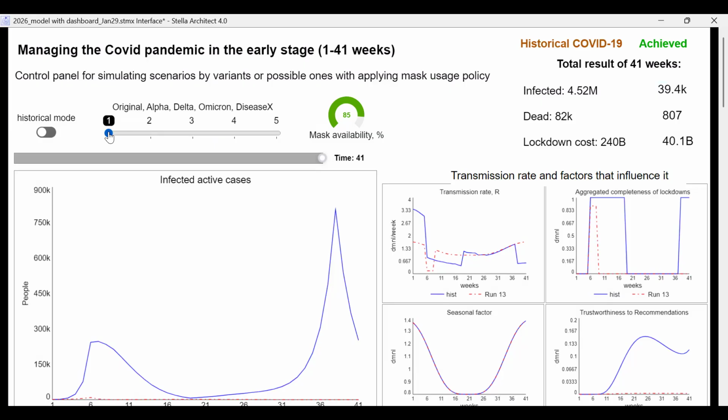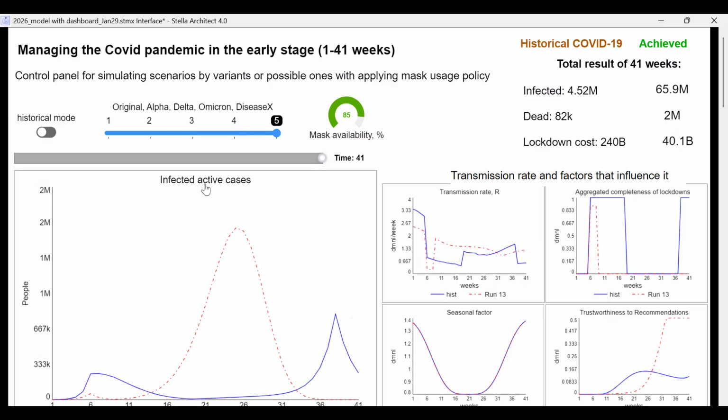So we took the mortality of original variant, and we took transmission of Omicron. As we know, viruses become less dangerous over time, but they become more virulent. So we took both extreme parameters to simulate this disease X.